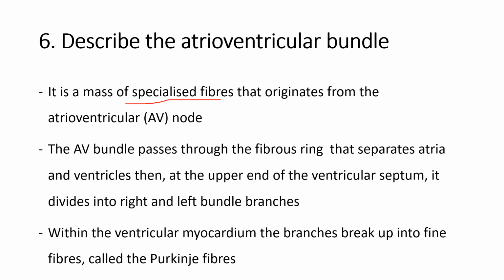One is atrium, but once they are more than one, they are referred to as atria. So the AV bundle passes through the fibrous ring that separates atria and ventricles. Then at the upper end of the ventricular septum, it divides into right and left bundle branches.